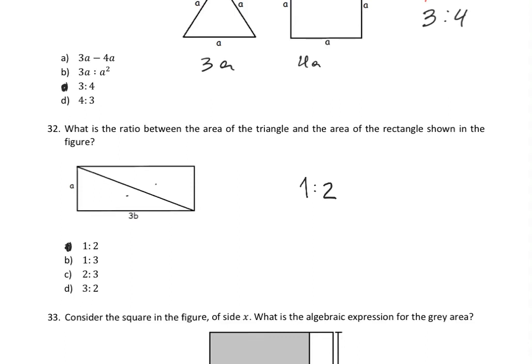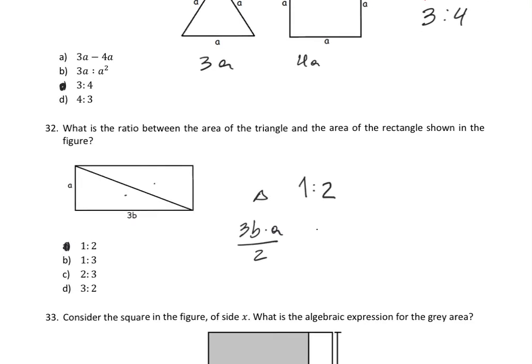Now, if you don't see that, which is perfectly valid, how do you solve this? Well, what is the area of the triangle? The area of the triangle is 3b base times height a, divided by 2. And what about the rectangle? 3b times a. And that is the ratio. Can you simplify things?